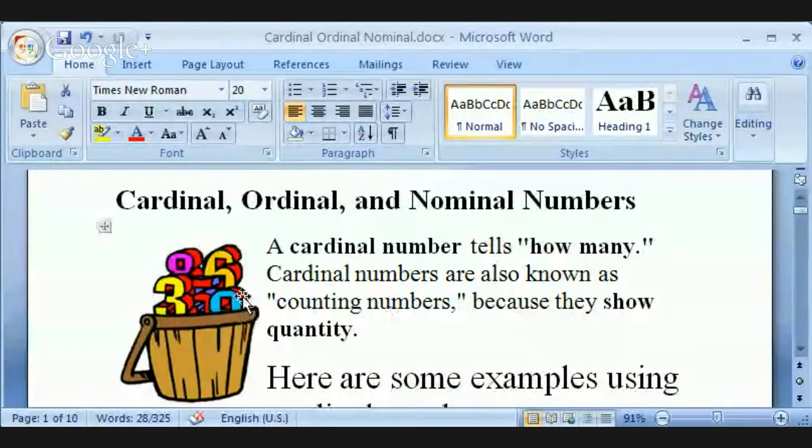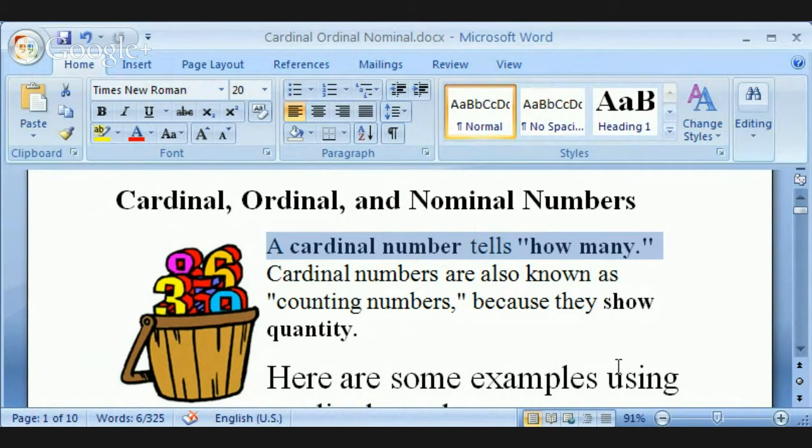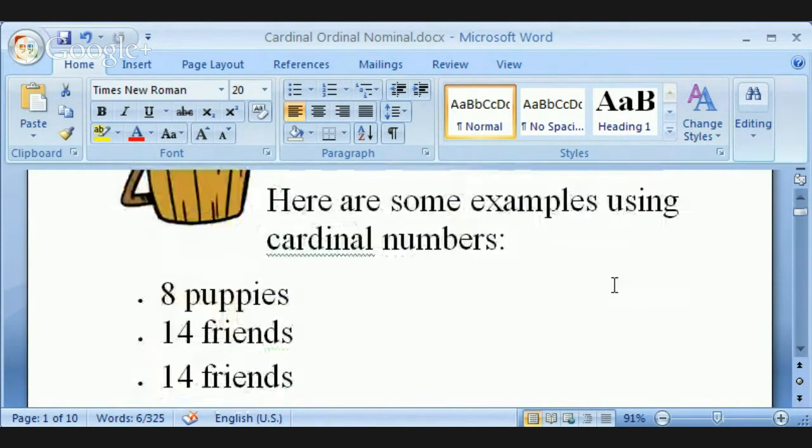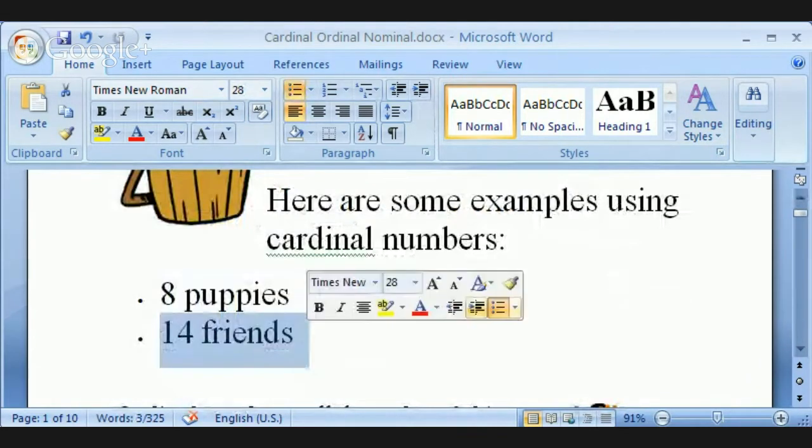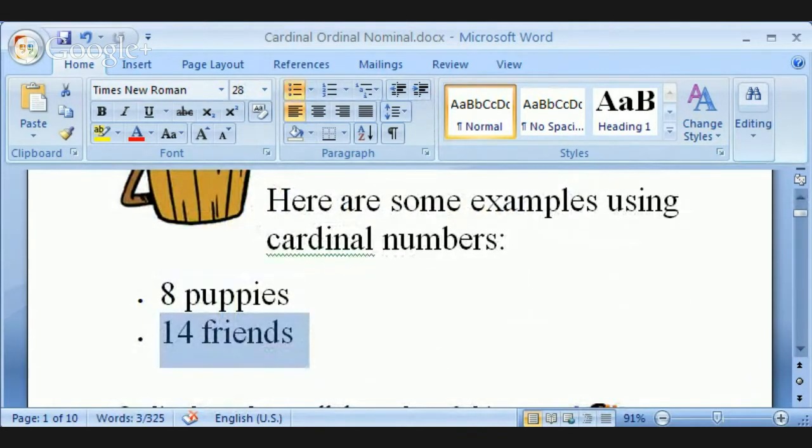First of all, cardinal, ordinal, and nominal. I was just explaining cardinal numbers are the numbers that you normally think of as numbers, or how many. They show quantity, counting numbers. Very simple. 8 puppies, 14 friends.